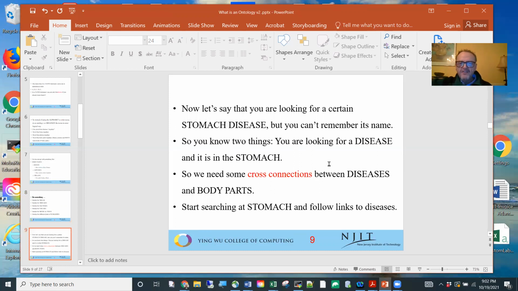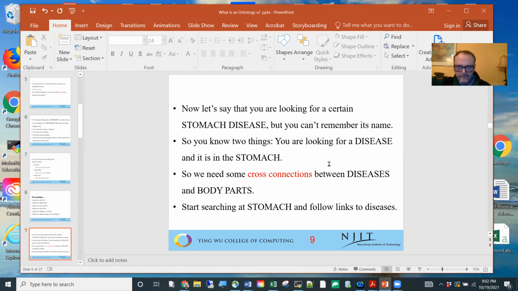Now let's say you're the doctor, and the doctor had to learn so many terms that he can't remember everything. Or maybe it's not a doctor, maybe it's just a medical student, or maybe it's you who has a stomach ache and you want to find out all diseases of the stomach. But let's say that your doctor has a specific stomach disease in mind, but he just can't remember the name of it.